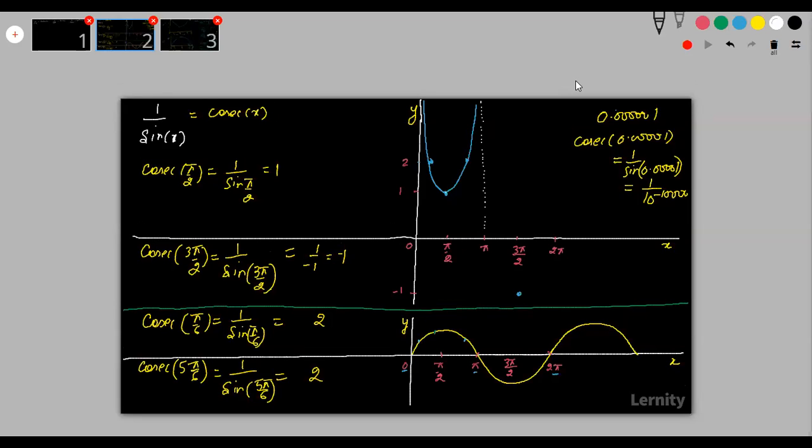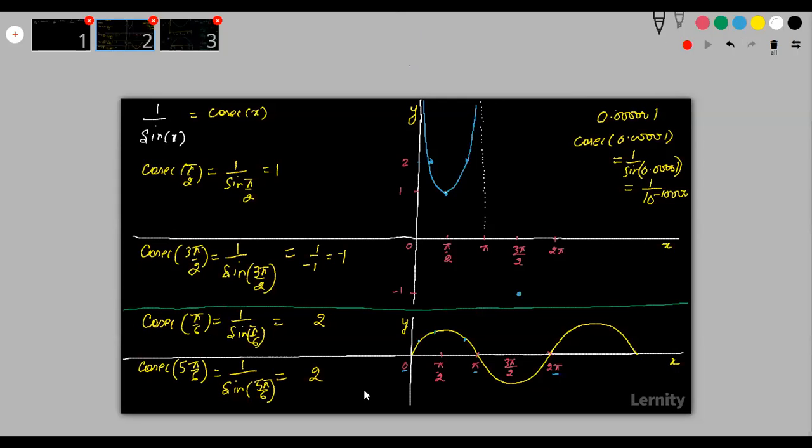Okay. Now see, this is for between 0 to pi. When sin x is upward like this, we are getting a U shape. When it is downward, it is just the reverse.